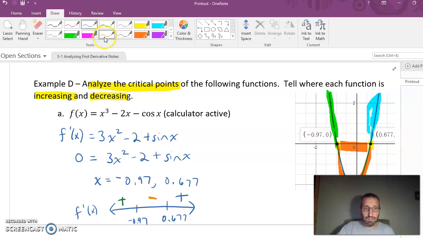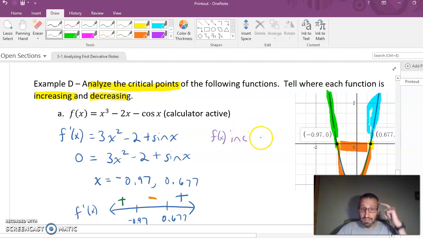All right, so let's go ahead and write some stuff here. I can say that f of x is increasing because f prime of x is positive, or greater than 0, and that's going to be from negative infinity to negative 0.97.